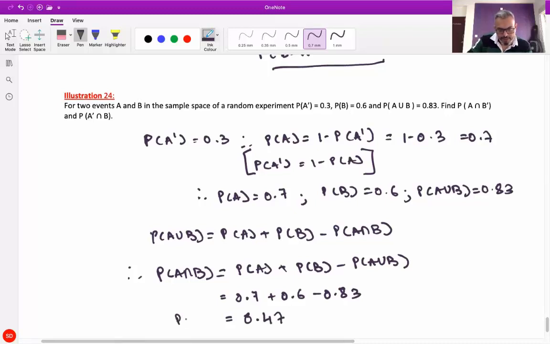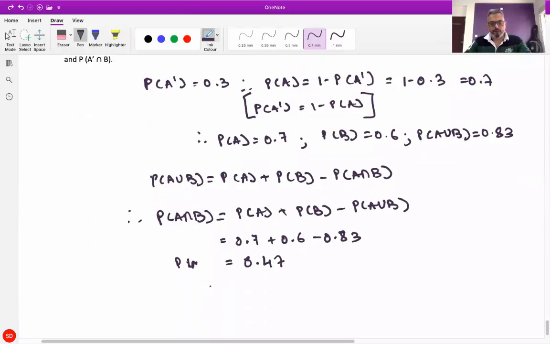So we get P of A intersection B equal to 0.47.